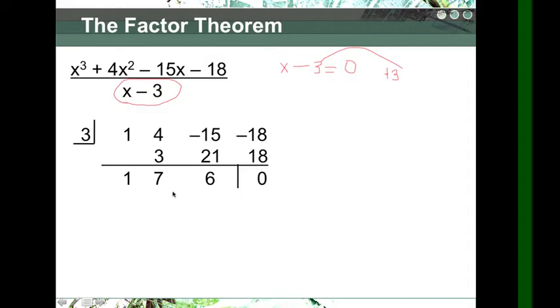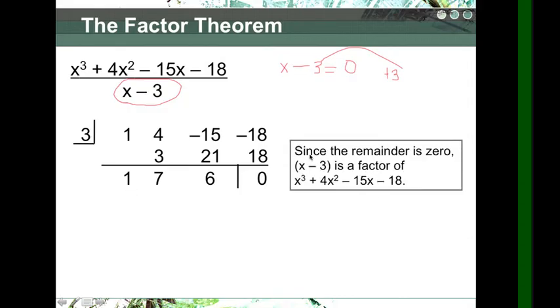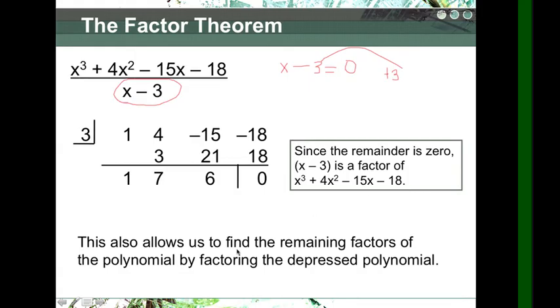Now let's find the second factor. Since the remainder is 0, x minus 3 is a factor of x cubed plus 4x squared minus 15x minus 18. This allows us to find the remaining factors of the polynomial by factoring the depressed polynomial.